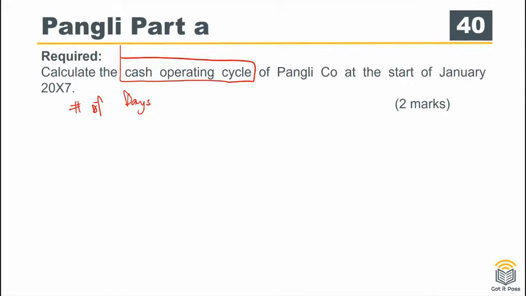In the examiner comments, a lot of students are not working in days, they are working in money, in dollars. Why? Because they mix up two terms. The first is net working capital, or net working capital investment. The other is the cash operating cycle.